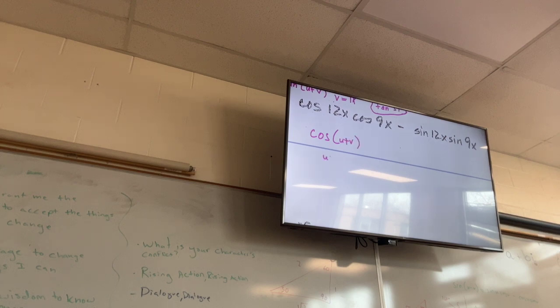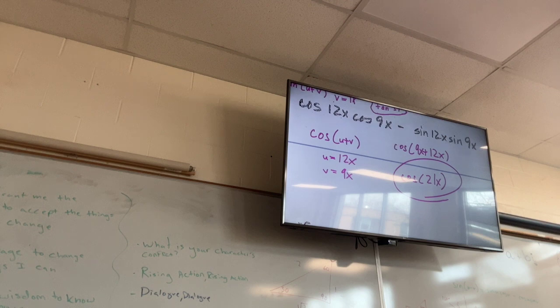What's my u equal to here? 12x, right? What's my v equal to? 9x. So then this is going to become cosine of 12x plus 9x, which is just 21x. There we go. Okay? That's okay?